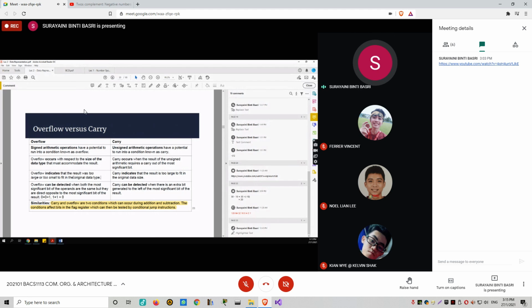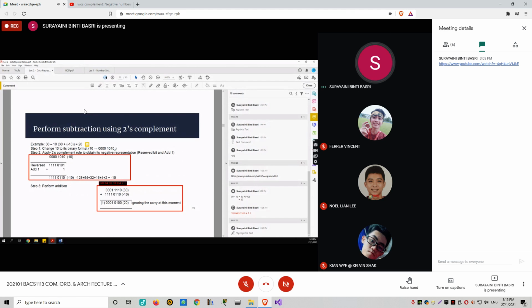And then overflow can be detected when both the most significant bits of the operands are the same, but they are the direct opposite of the most significant bit of the result. Okay, so this is what it says here. Both of these numbers have the same bit, which is 8.